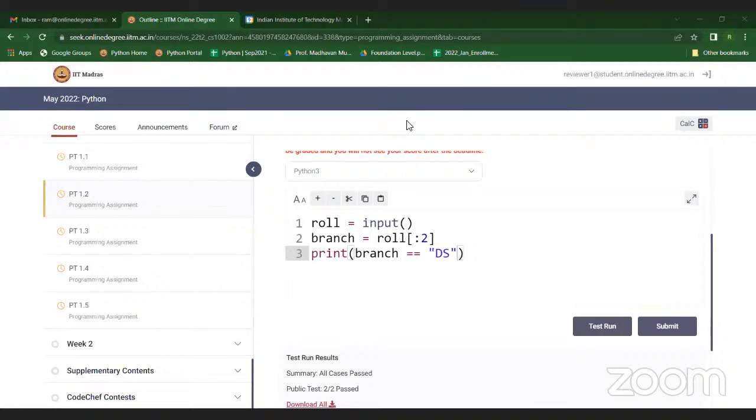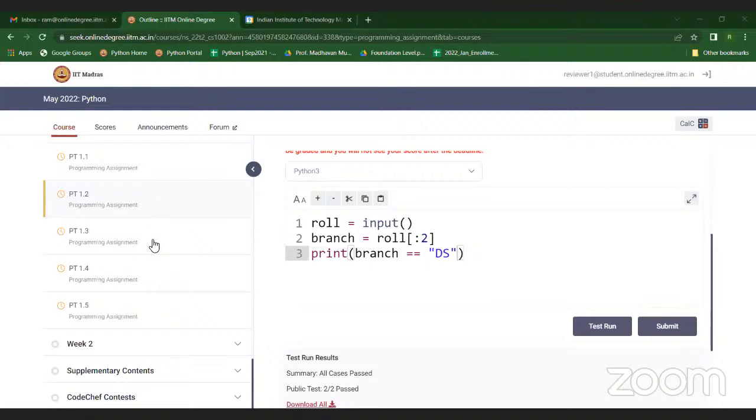There you could write: if branch equals ds, then do whatever you want, and if branch is not equal to ds, then do some other operations. Clear? In week two, you'll be learning those concepts.